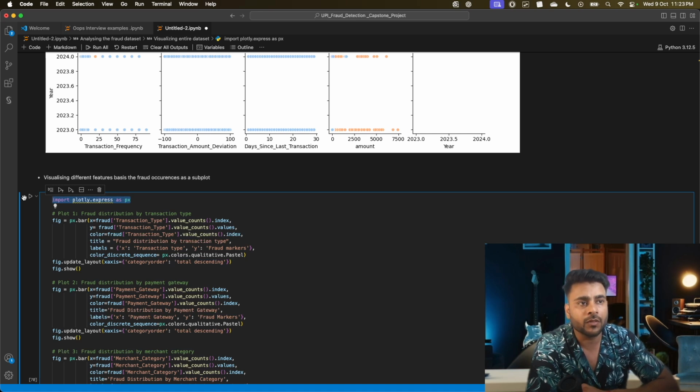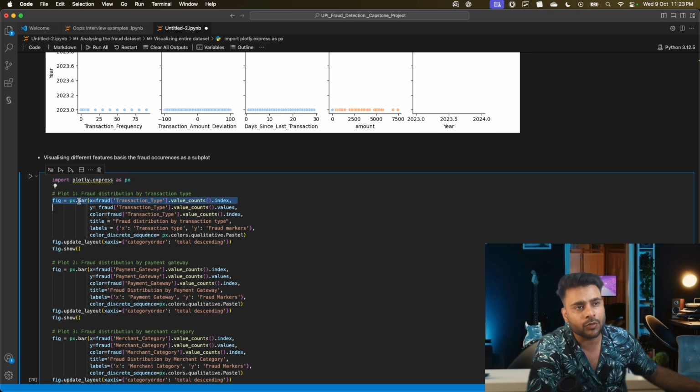The primary reason I'm using Plotly Express is that it adds a dynamic nature to the visuals, so I'll show you in a minute. I've drawn about 8 visuals, mostly bar charts. It's very simple. You can define your X variable, your Y variable, the color palette you want, your title, the labels, and the layout.